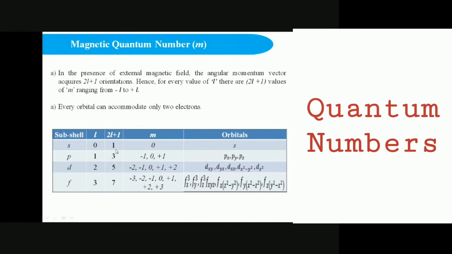This means for azimuthal 0, the magnetic quantum number will be 0. For azimuthal quantum number 1, it will be minus 1, 0, plus 1. For D, it will be 5. For 3, it will be 7. It is calculated from 2l plus 1.